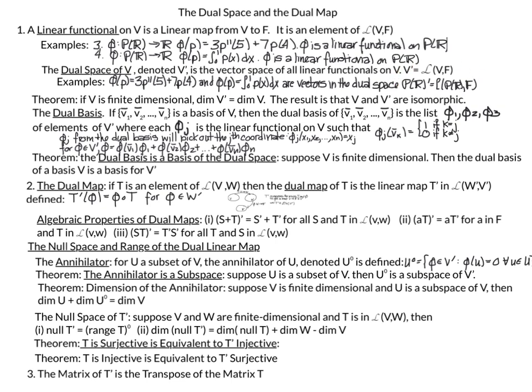So we have our original vector space, the space of polynomials over real numbers, and then this dual space, P(R) prime, which is equal to the set of functions. These are two examples, but we're looking at all the functions now, from P(R) to F.